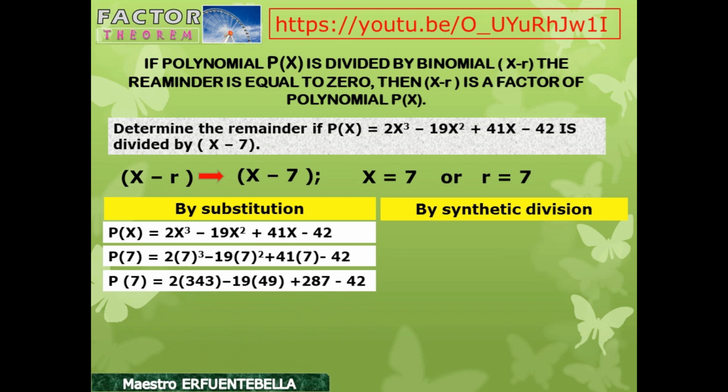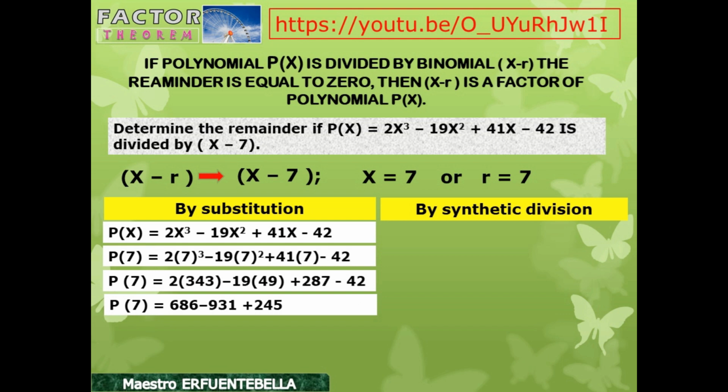So p of 7 now is equal to 2 times 343. 343 is from 7 cubed, plus negative 19 times 49. 49 is from 7 squared, plus the product of 41 times 7, which is 287, plus negative 42.